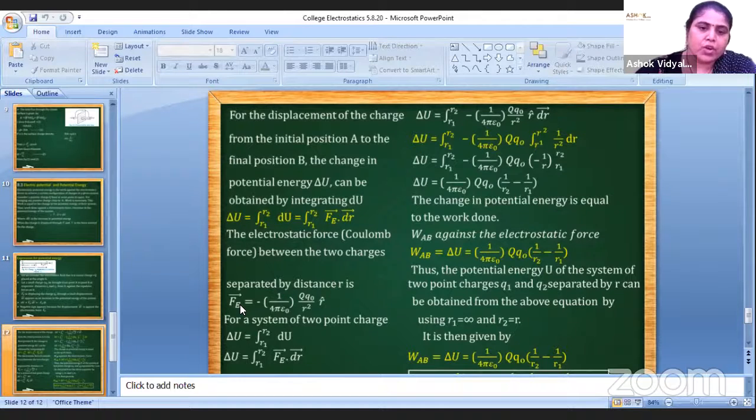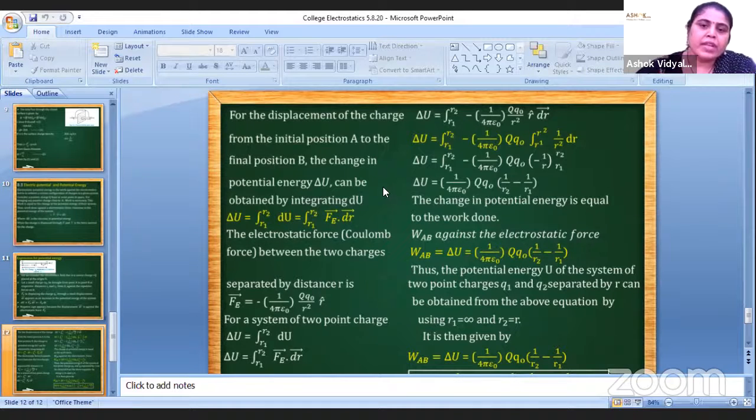Again, we know the value of this force, that is 1 upon 4 pi epsilon naught, capital Q, then Q naught, R square, where R is the distance between the two charges. Using Coulomb's law, we got this F. For a system of 2-point charges, delta U is equal to the integral from R1 to R2 of dU. Again dU is equal to Fe into dr, that is the work done.